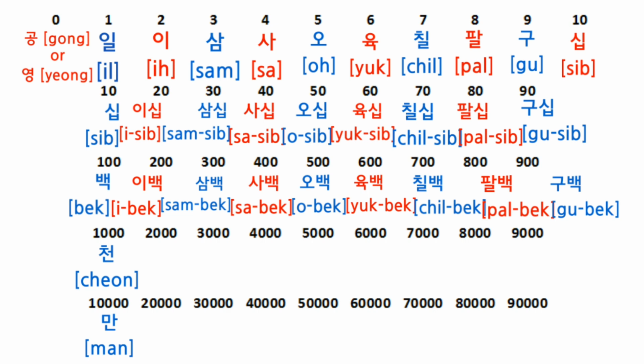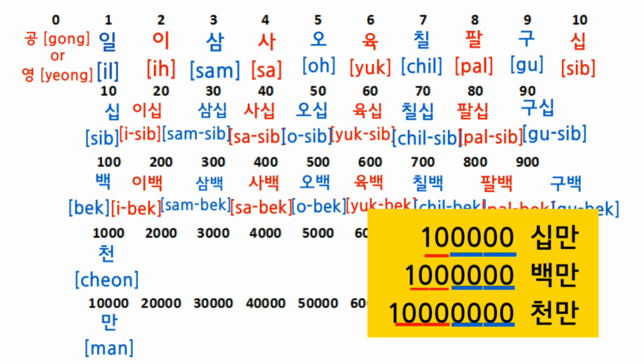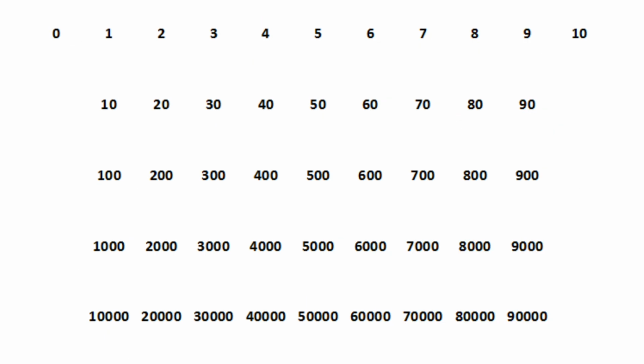Then we use 만 like 10만, 100만, 1000만. So it's a big difference between English and Korean. I want you to know this.